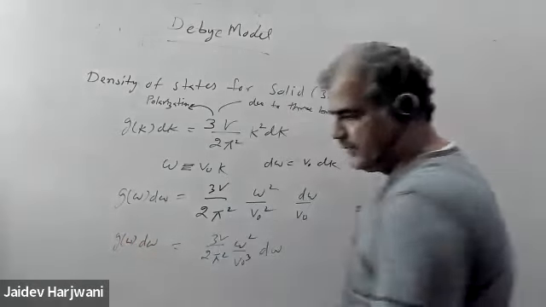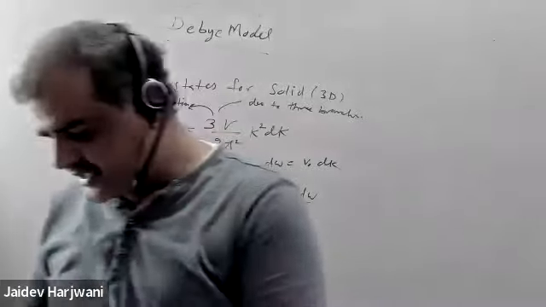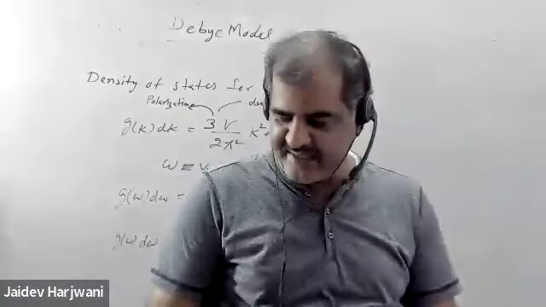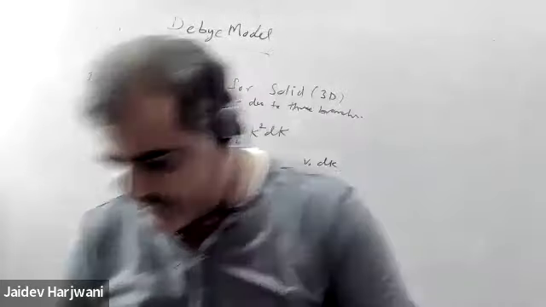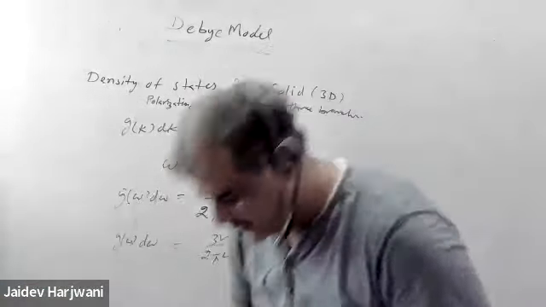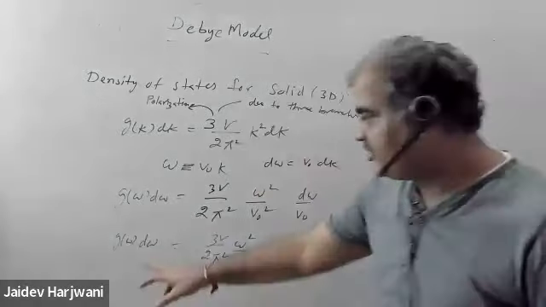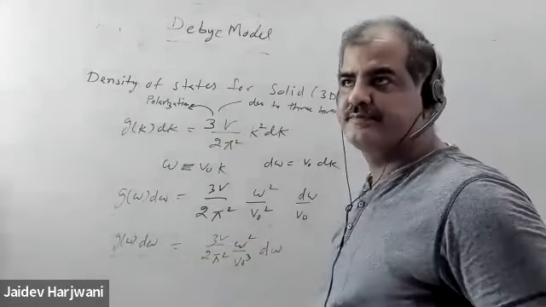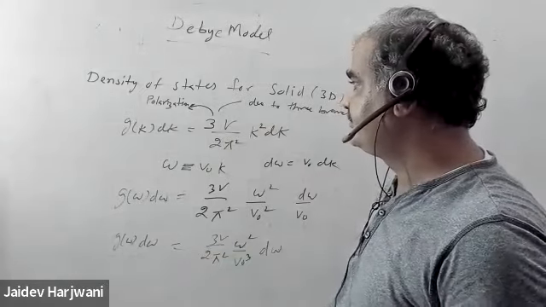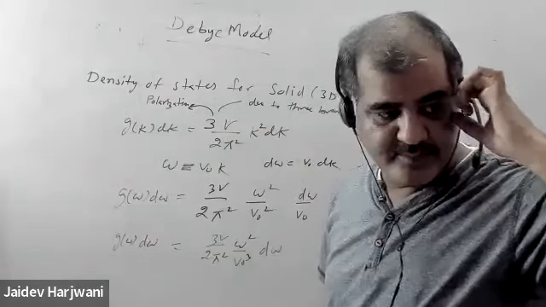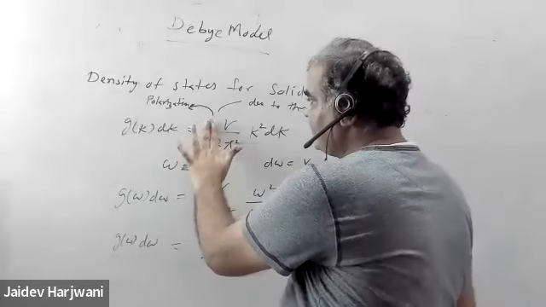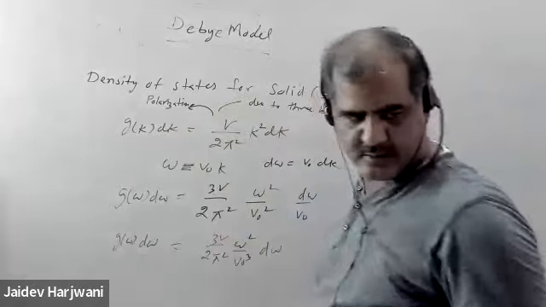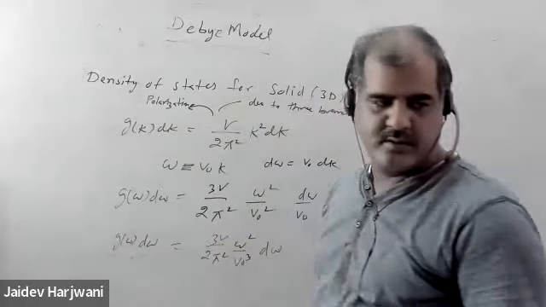Yes, sir. Okay, so now you have the density of states expression. Now how many modes are there? If there are n atoms, this is the density of modes. Total modes are how many? Suppose I remove this, this g(k) dk is equal to what? Total number of modes.